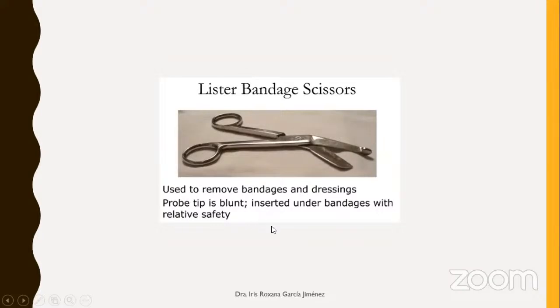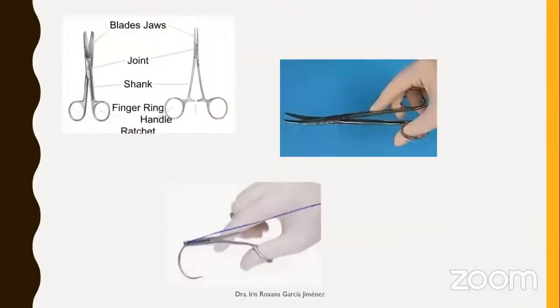This detail is for protecting the skin, for bringing safety to the patient, for not cutting the skin, not making mistakes, right? And as a general detail, we have blades or jaws when we compare. We have the joint, the shank, the finger rings handle, the ratchet. I mean, we know how to place and hold these instruments, and how to hold the needle and the suture, right?